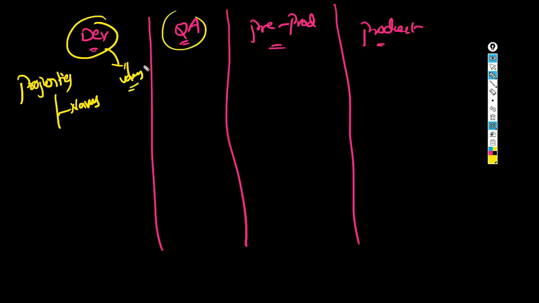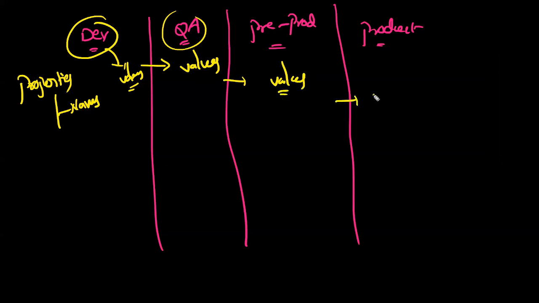For example, your application moves to the QA environment. Which environment values do I want to pass? QA environment values. The same thing: when we move to the pre-prod environment, I want to pass the pre-prod values. So that means whenever we move one application from one environment to another environment, we never touch your product code again.